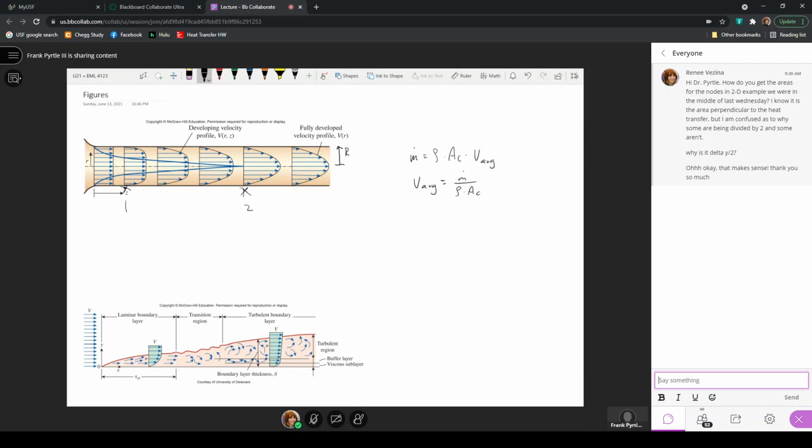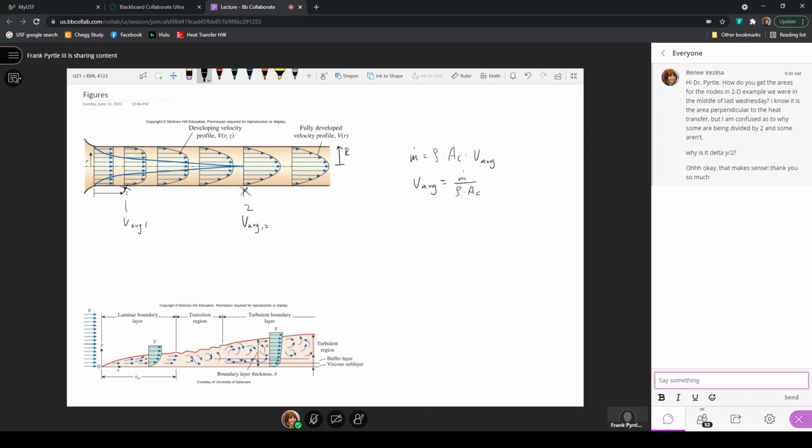And when you get out to here, there's basically like one position at which the velocity is maximum. Here I have an area where the velocity is maximum. That's because the average velocity here at position 2 and the average velocity here at position 1 have to be exactly the same for a steady flow condition, but the distribution of the velocity can change.